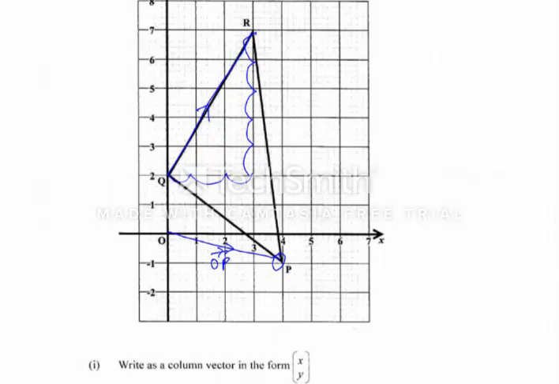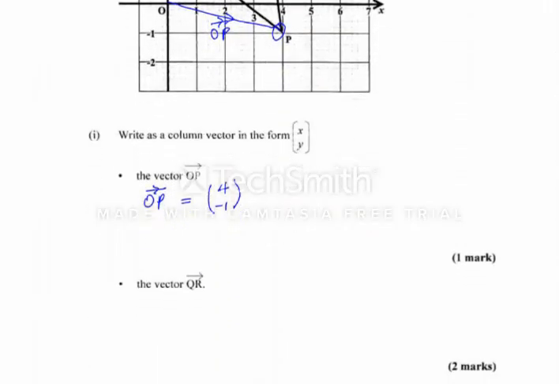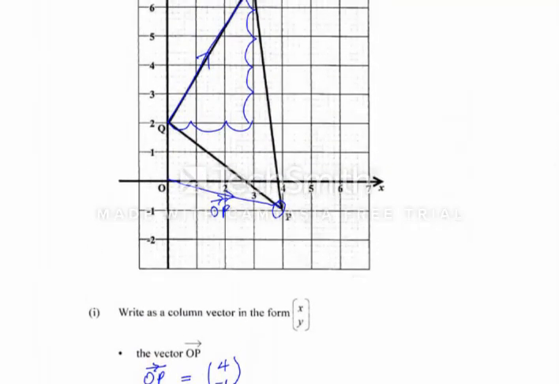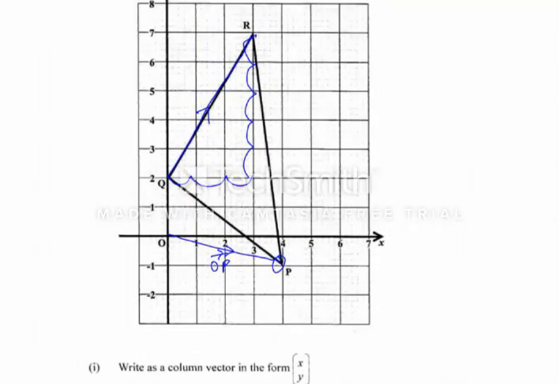So to get from Q to R, you have to go 3 units to the right and 5 units up. Therefore, the vector QR is the vector (3, 5).